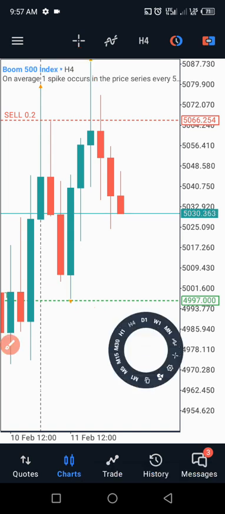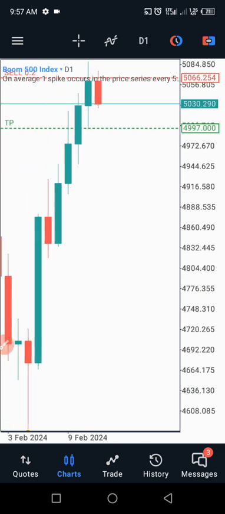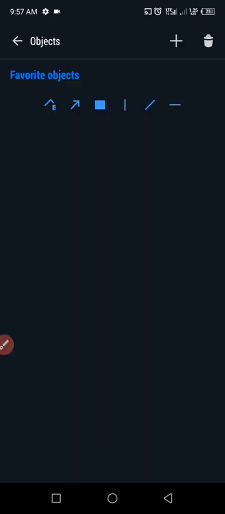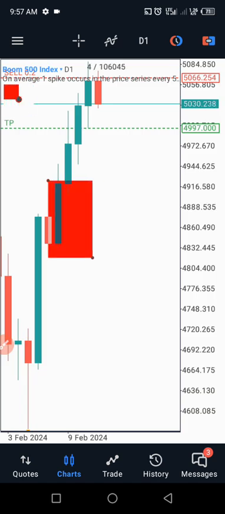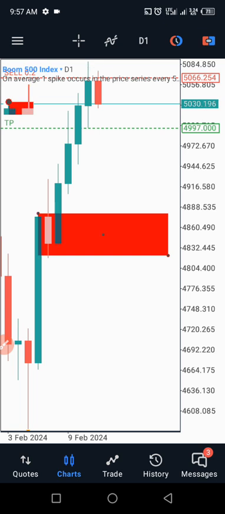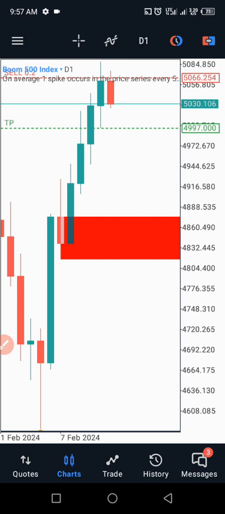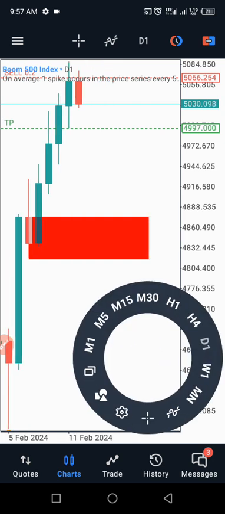Okay, and if we go to the daily time frame, we will see that there's an order block level here. So after careful analysis on this chart, we might decide to enter a second position using this strategy.